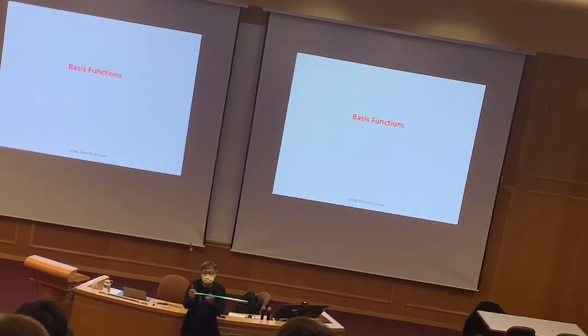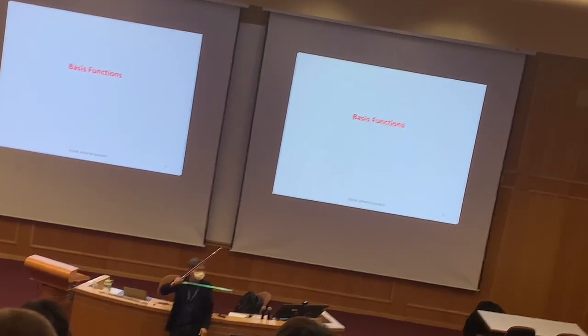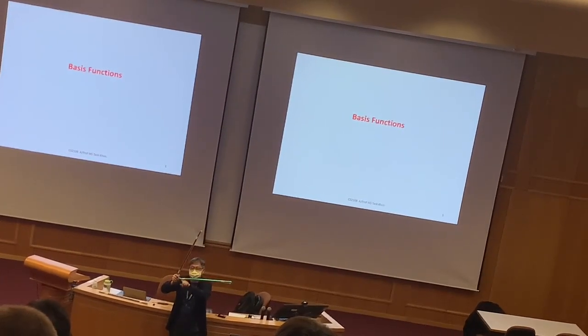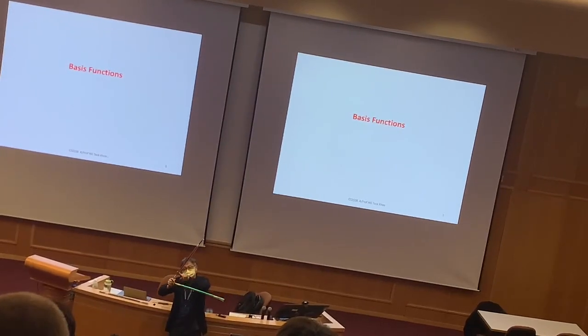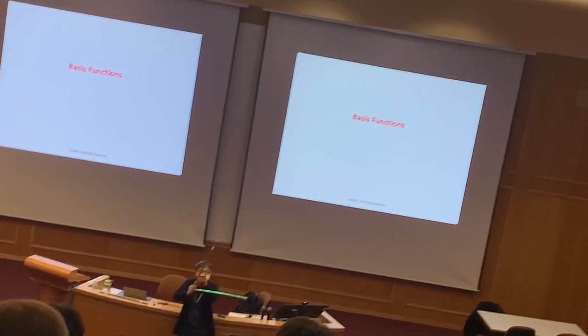Now when you have two axes like that, then it's a little bit complicated. Because this guy also has a component here, and this guy also has a component here. So if I have a point here and I want to find the coordinate, it is not so straightforward now, because if you want to see how much of the 1, 0 component there is, you have to consider this guy also.